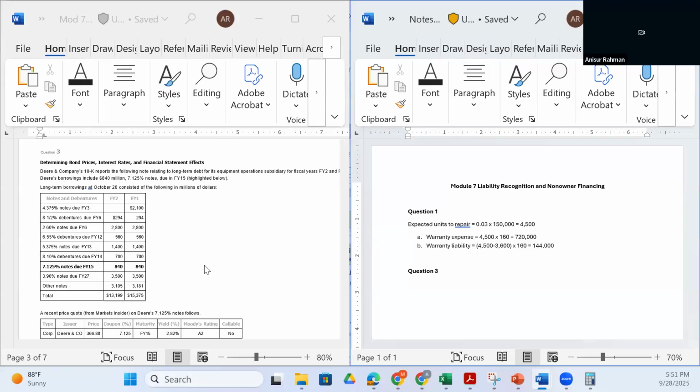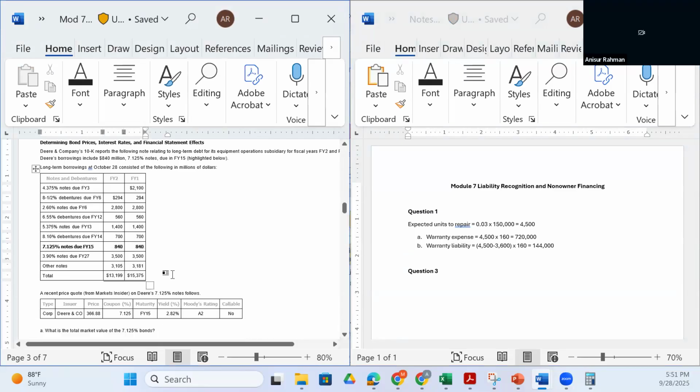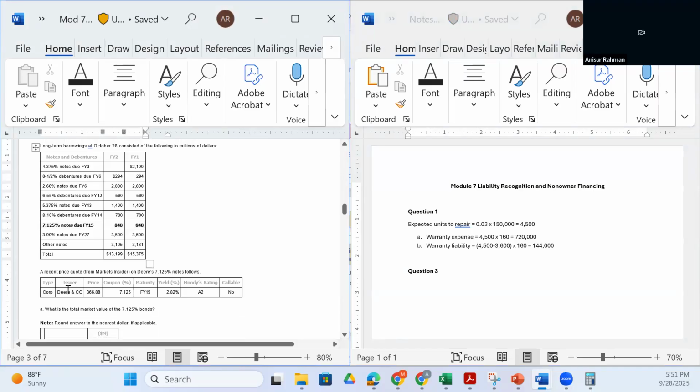Now they're specifically talking about the 840 million, 7.125% notes. This one they have bolded here too. So this is the book value. That's why you see it is not changing.